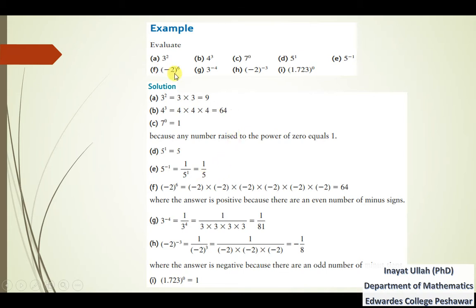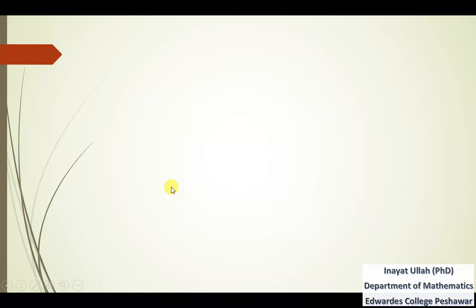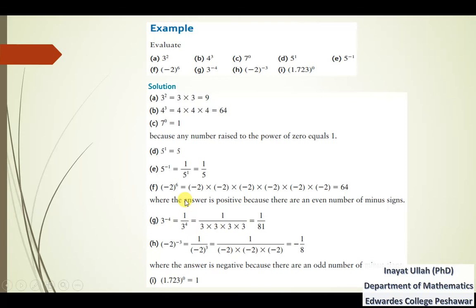Similarly, minus 2 power 6. So minus 2 power 6 can be written as minus 2 is multiplied 6 times. 6 times: 1, 2, 3, 4, 5, and 6. So negative signs are multiplied 6 times, an even number of times, so that will become plus.